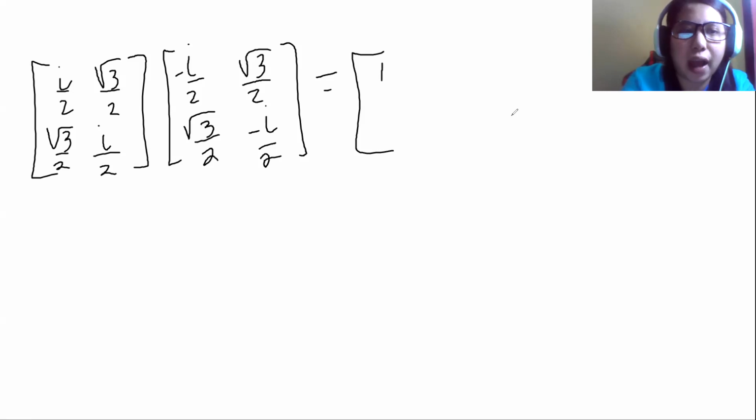We have i squared, 1 over 4, and then square root of 3 over 4 is equal to square root of 3 multiplied by square root of 3 is 3/4.